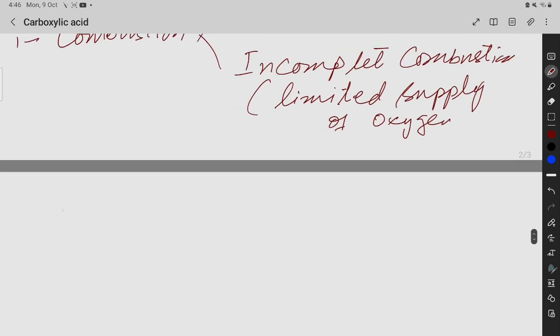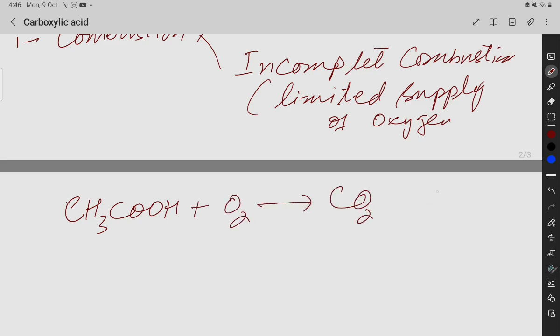For example, CH3COOH plus oxygen to form carbon dioxide and water in complete combustion. ठीक है, जी. रेस्ट रिएक्शंस आर सेम, सारे उसी तरह सेम होंगे जैसे आपने पहले पढ़ा है. अब कार्बन 2 है और हाइड्रोजन 4 है, 2 ओवर हेयर, 2 into 2 is 4 and 2 is 6, 2 over here and 2 oxygen over here.